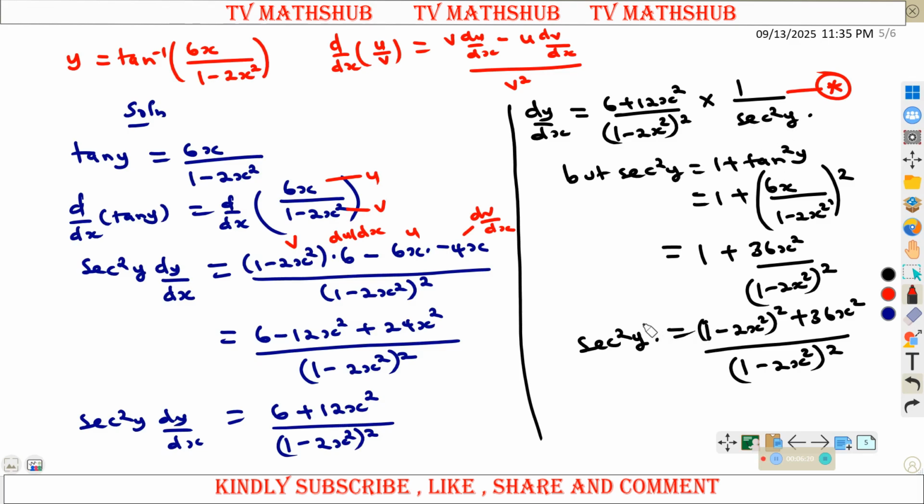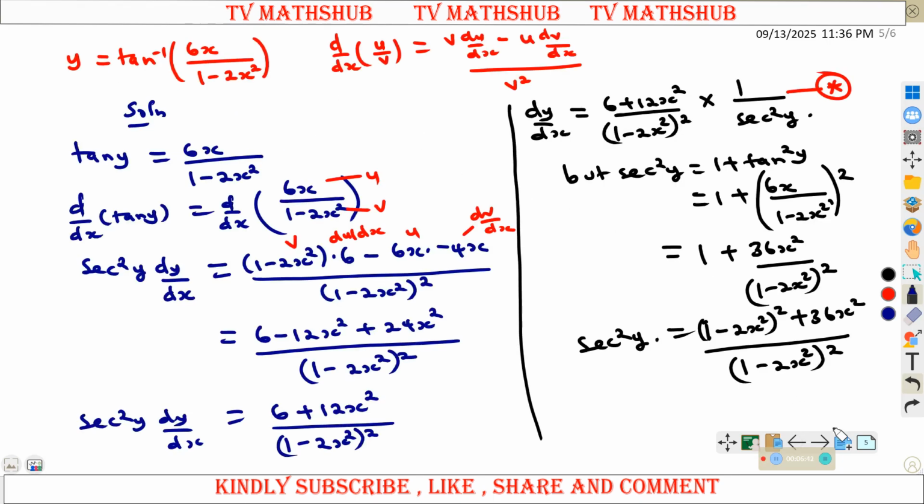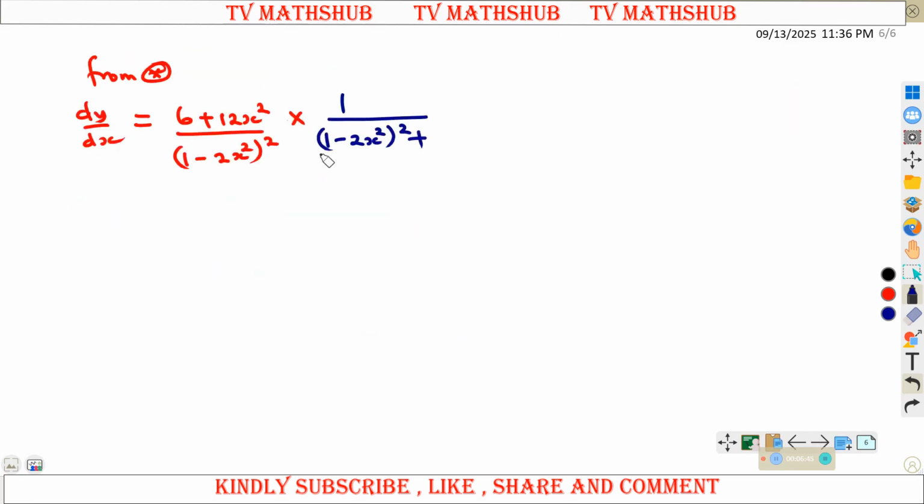We have seen sec squared of y is this, so this is the expression we shall substitute there. So this will be the same as times 1 upon 1 minus 2x squared, the whole of this squared, then this we are adding there, 36x squared, and the whole of this is over 1 minus 2x squared, and the whole of this is still squared.